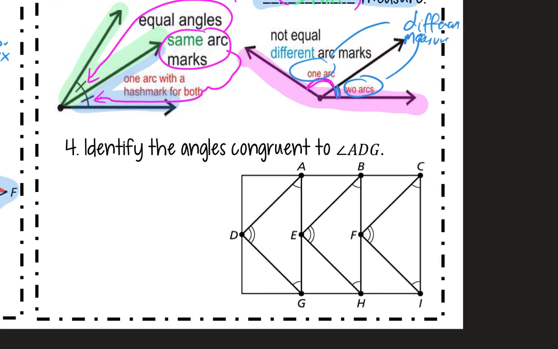All right, so let's look over here. It says identify the angles congruent to ADG. Okay, so let's trace that out. ADG, and remember, congruent means equal measure.